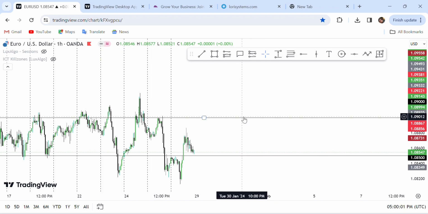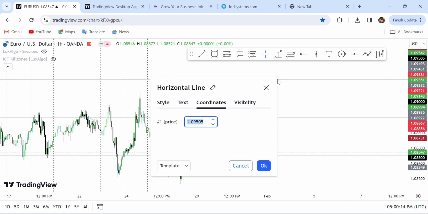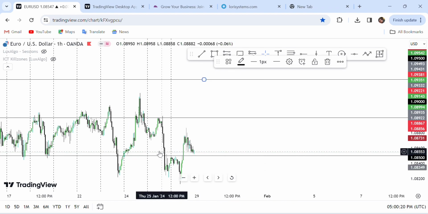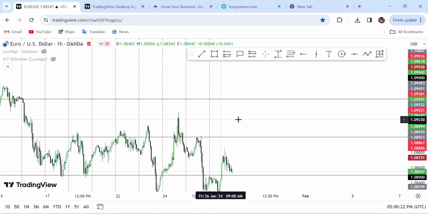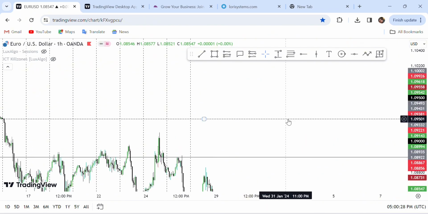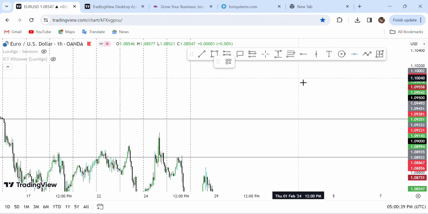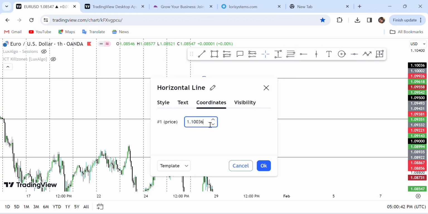Where next do you think our round number should be? 1.0950. Okay, so we take our line and put it at 1.0950, like this. There we have it. We take another line. Now that we are at 1.0950, where next do you think our whole number should be? 1.1000. Yeah, if you guessed it right, 1.1000.